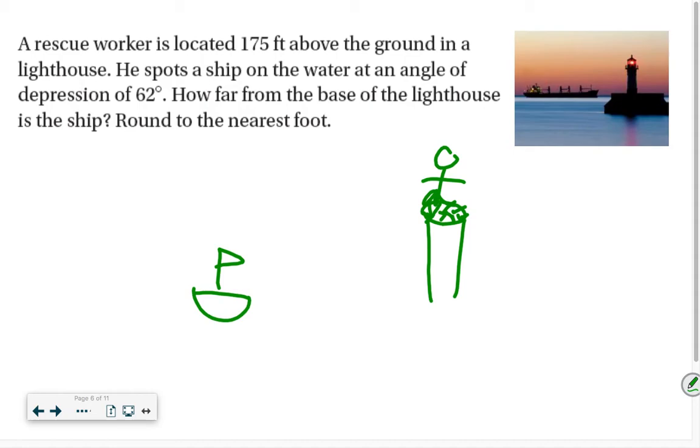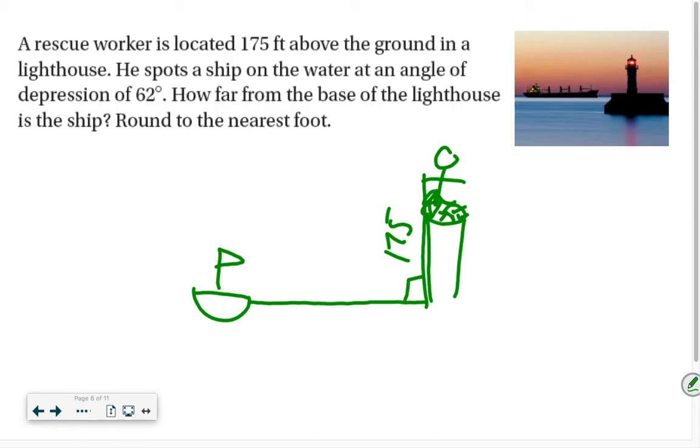Okay. How tall is my lighthouse? 175. So this right here is 175. He spots a ship on the water at an angle of depression of 62 degrees. I want to know how far my ship is from the base of the lighthouse.